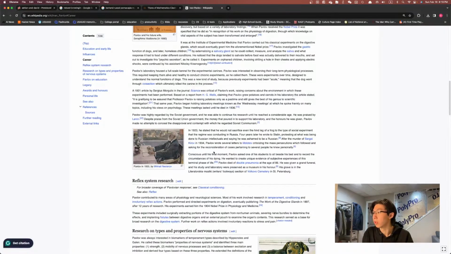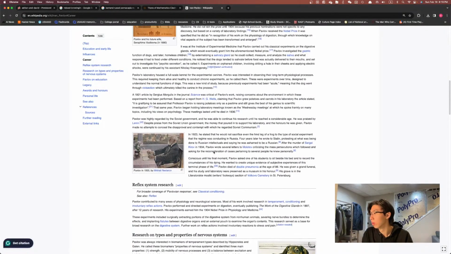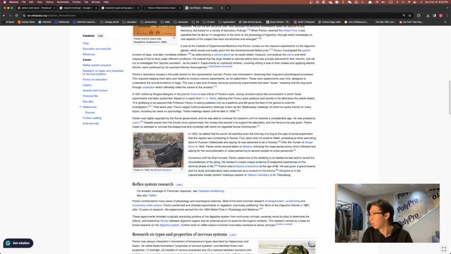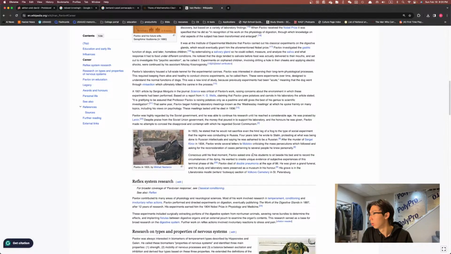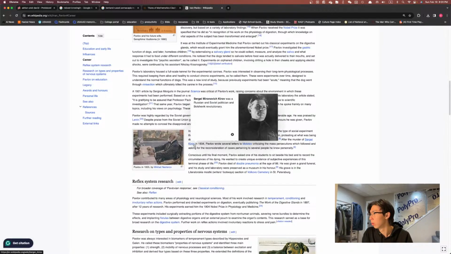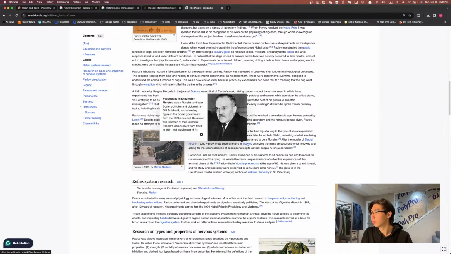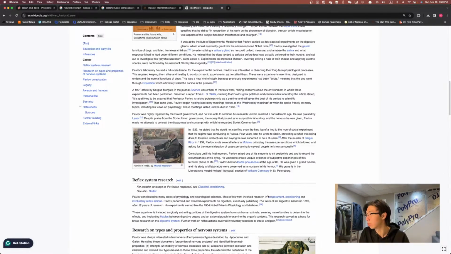Okay, he was highly regarded by the Soviet government. He was praised by Lenin. Okay, and he really didn't care for Stalin. Sergei Kirov. Okay, he's a politician. Okay, this is politics.